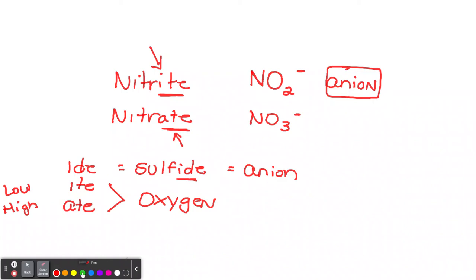So if I write this, and we'll change the pen, what do you think this is? If I said phosphite, is a negative ion, right? So it has potassium, and what's present? That's right, oxygen. It has 3 oxygen atoms.